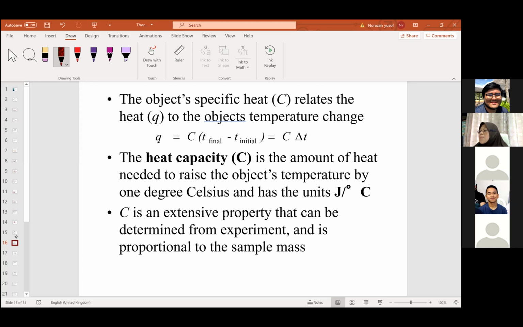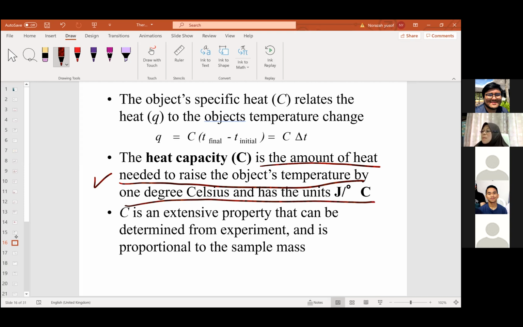So heat capacity. Of course, you have to define what heat capacity is first. Heat capacity is the amount of heat needed to raise the object temperature by 1 degree, and this is the unit. This is another extensive property that can be determined from experiment and is proportional to the sample mass.